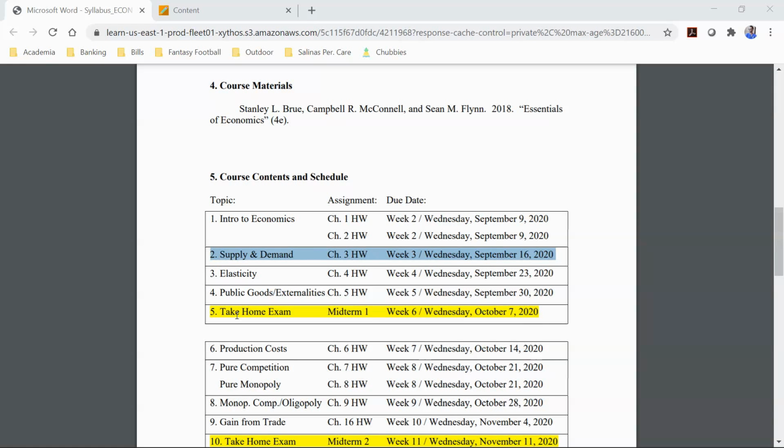So office hours by request, but please request office hours if you need additional help.